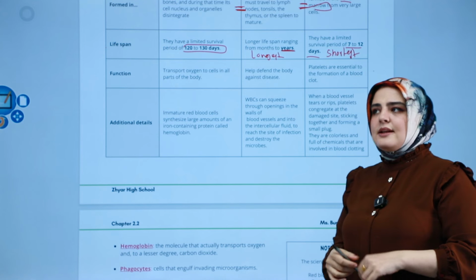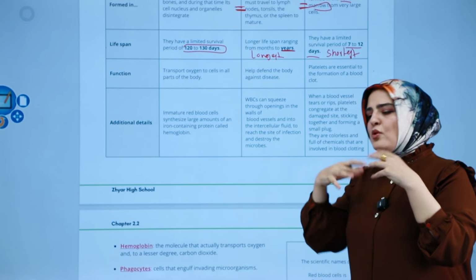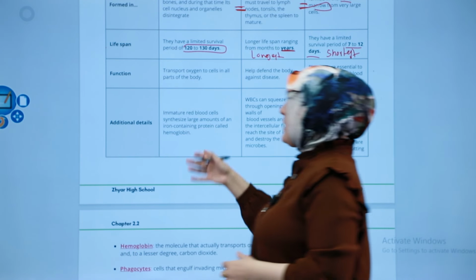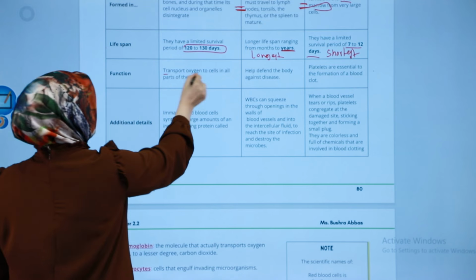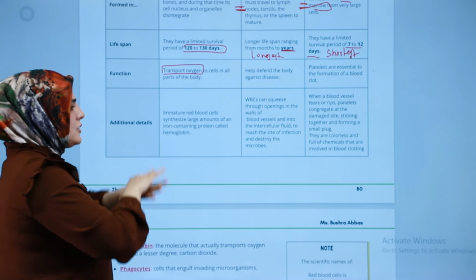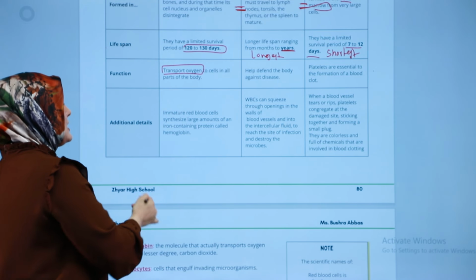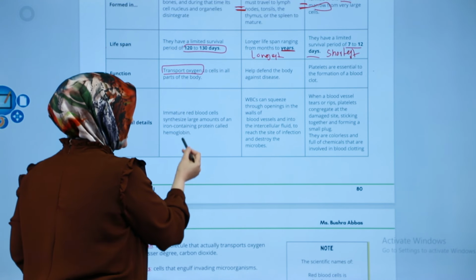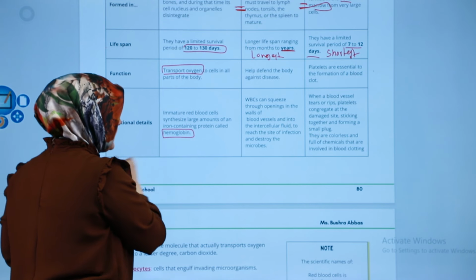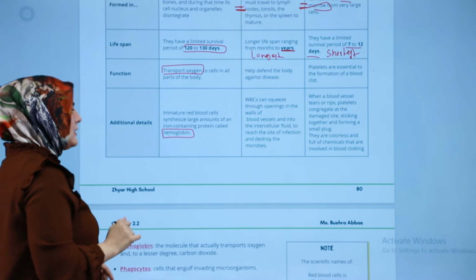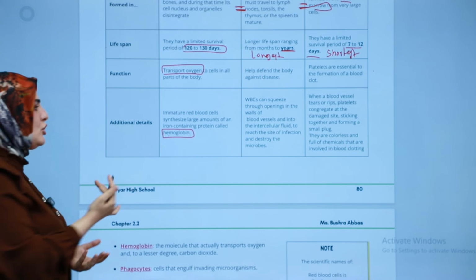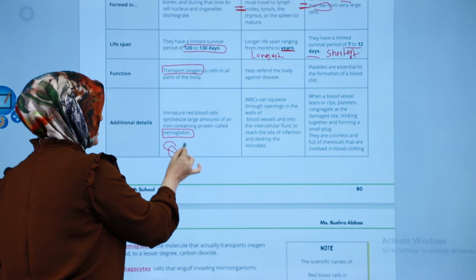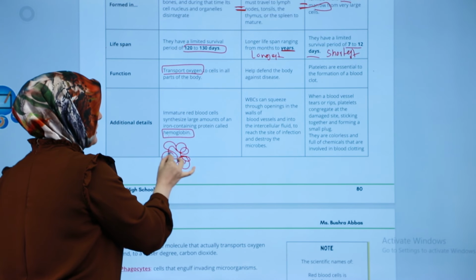Okay, what was their function? The red blood cells' most important function, what they are designed for, is to transport oxygen to the whole body. That's why they have a certain type of protein called hemoglobin. Anytime you hear hem, that means blood. Hemoglobin, because it has a globular shape, with 4 areas.